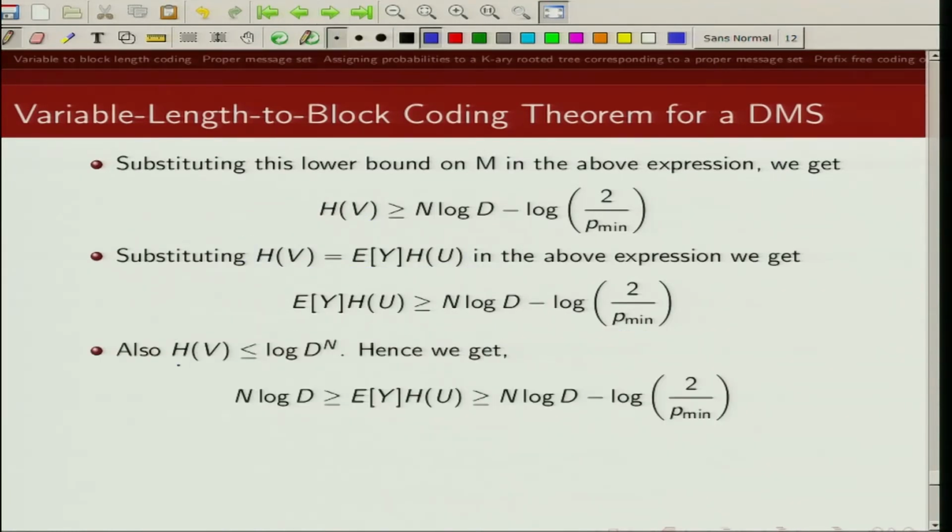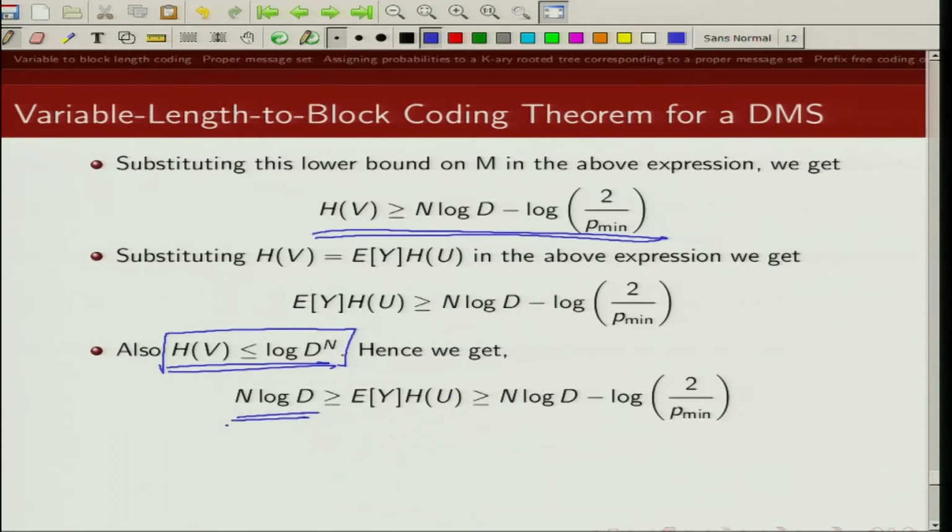I also know that the uncertainty in V is less than the number of possibilities of V, which at most can be D raised to power n. So the uncertainty in V is upper bounded by log of D to the n. So here I get a lower bound, and from here I get an upper bound. So I put this upper bound here, and this lower bound I am putting here.